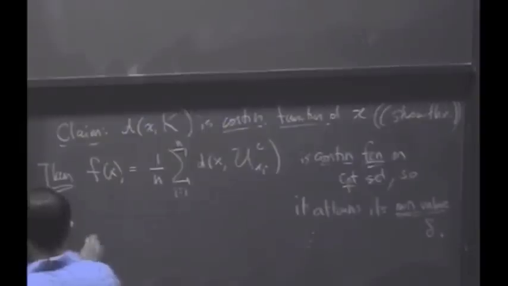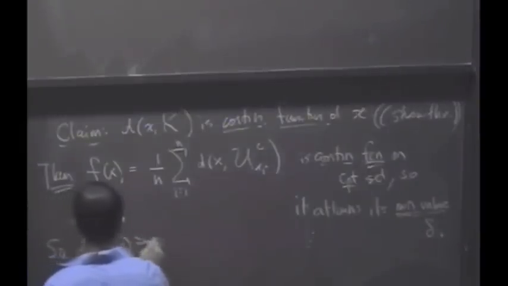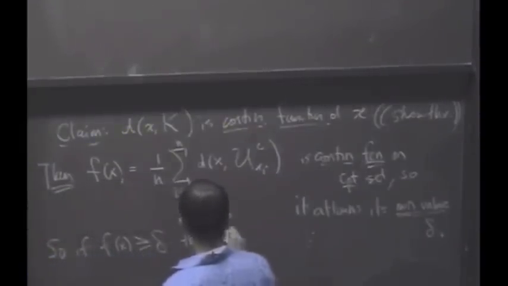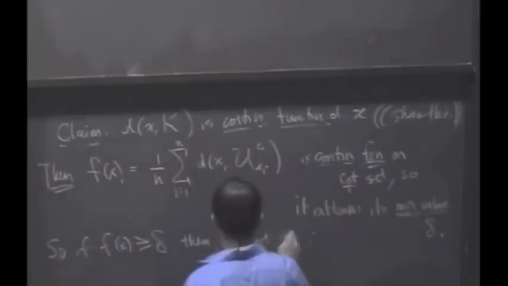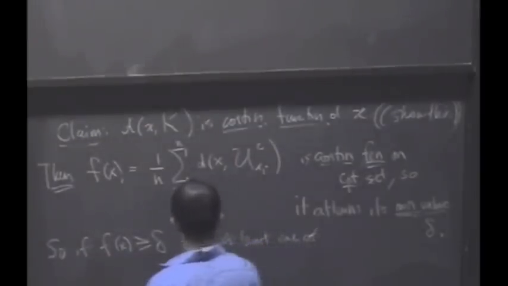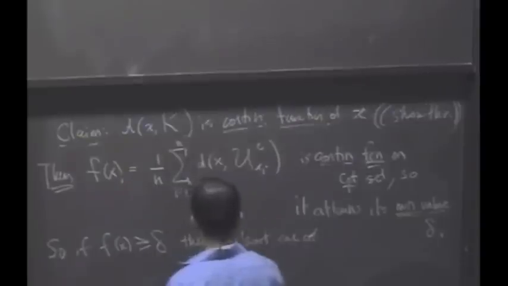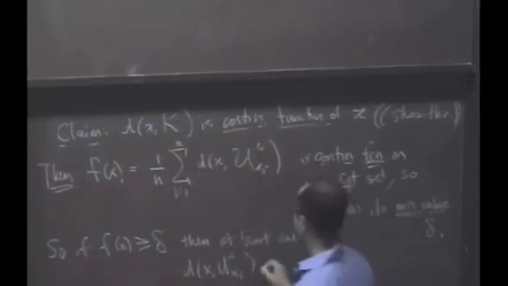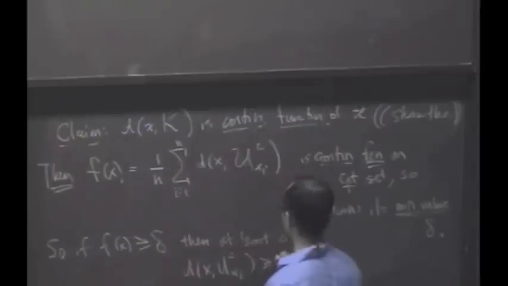So if f of x is always bigger than or equal to delta, then at least one of the distances to the u alpha i complement is bigger than or equal to delta.